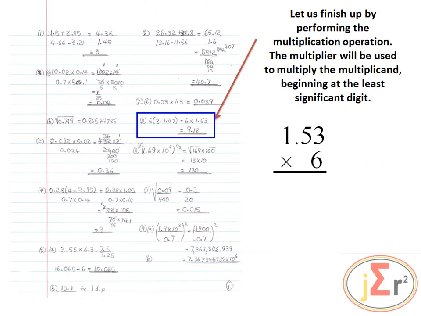Let us finish up by performing the multiplication operation. The multiplier will be used to multiply the multiplicand, beginning at the least significant digit. So 6 3s 18. Write 8 and carry 1. Then 6 multiplied by 5 is equal to 30.